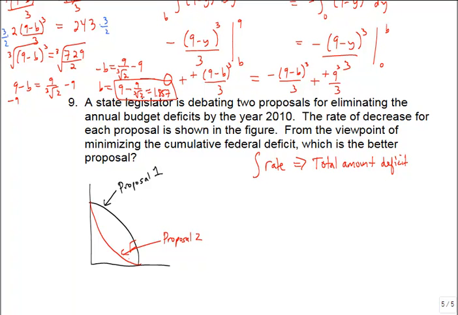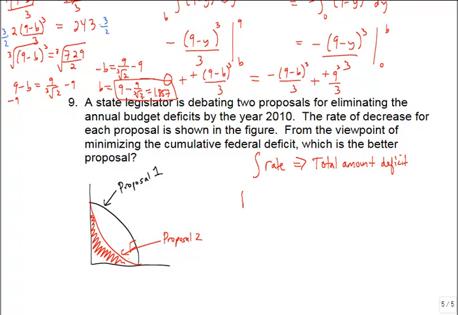So which of these is going to have a smaller integral? And remember that an integral means area under the curve. So if you look at proposal 1 versus proposal 2, which one of those proposals has a smaller area underneath? Well, that would be proposal 2 because it's concave up, and its area would just be this area here versus proposal 1, which would be larger than that.